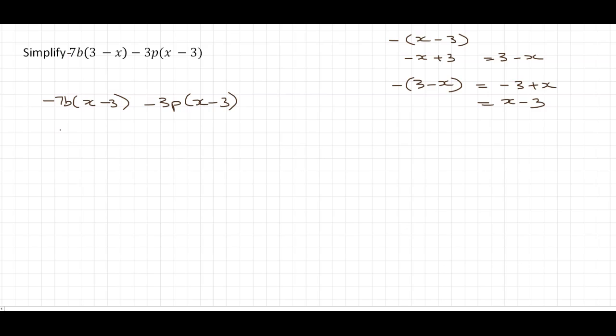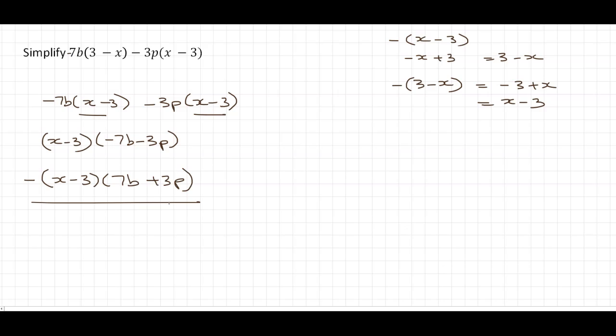And then we now have our greatest common factor as x minus 3. So x minus 3, then we have negative 7b minus 3p. Or you can actually rewrite this as negative of x minus 3, 7b plus 3p. So that's one way.